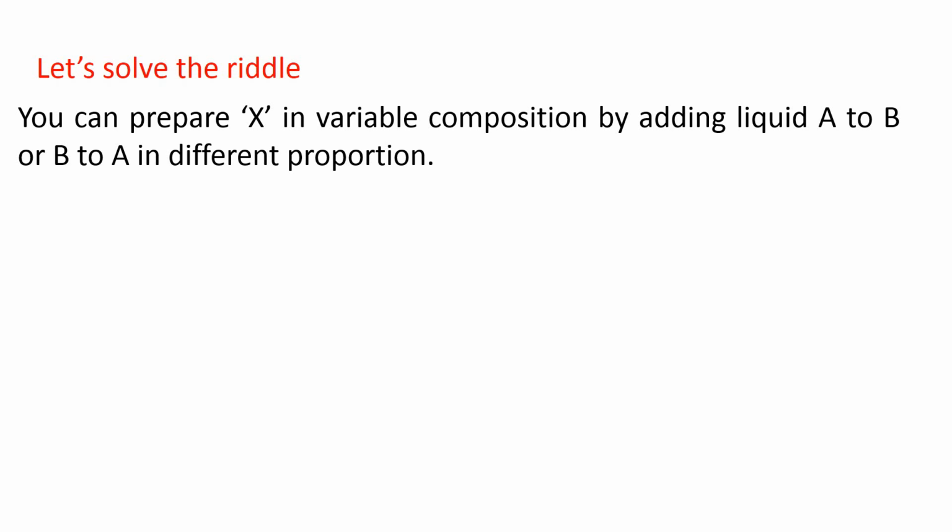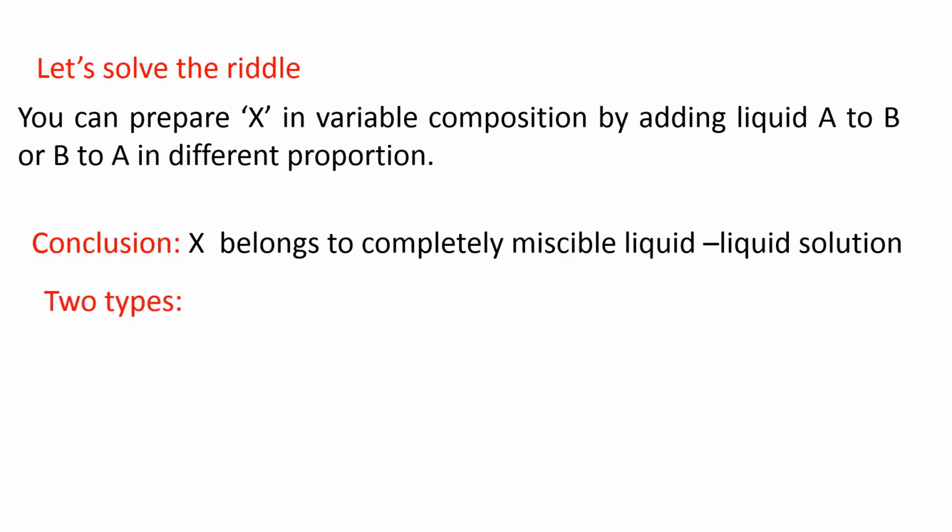It may be completely miscible liquid-liquid homogeneous mixture, or it may be partially miscible liquid mixture, or it may be completely immiscible. But in the later part of the riddle, we observe that fractional distillation can be applied. So X belongs to the category of completely miscible liquid-liquid solution.